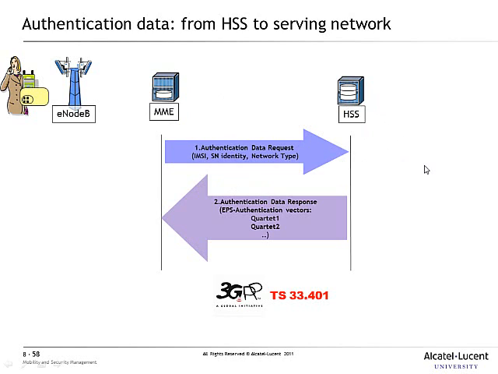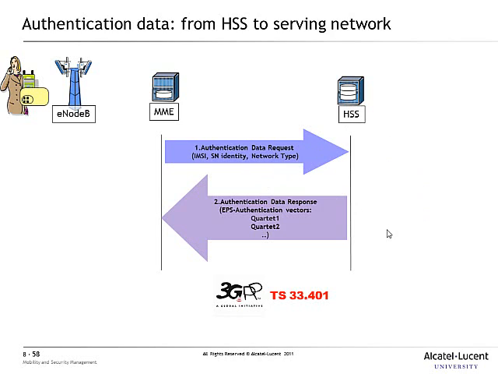And when it does that, now this is a difference which is not there in the 3G network. It sends the IMSI, but it also sends the serving network identity. So one of the things that changed from 3G to 4G is that we use the serving network identity as part of the keys that are derived, and all of this is sent to the HSS.